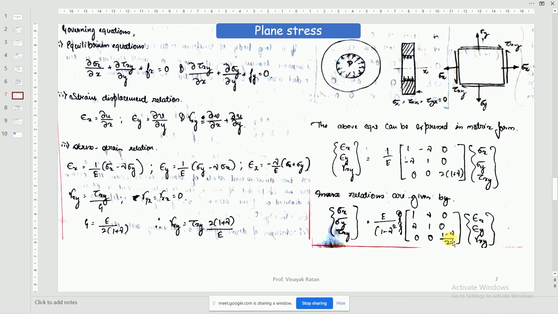You can take down these equations. I hope you are getting it. You should know only this much, where you can apply plane stress conditions, and these are the equations which you come across for plane stress conditions. Let me know once you take down, we'll move on to the next one.